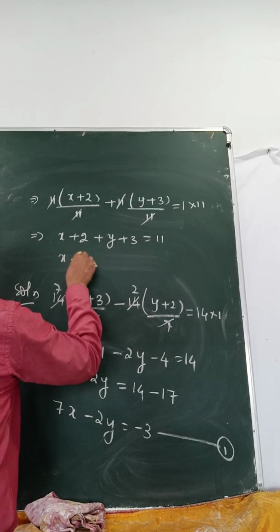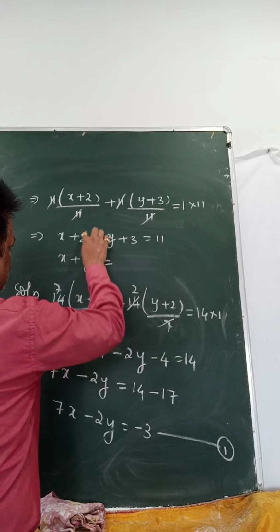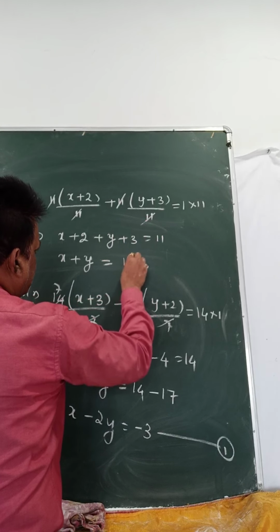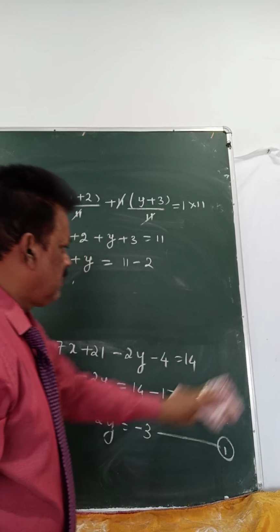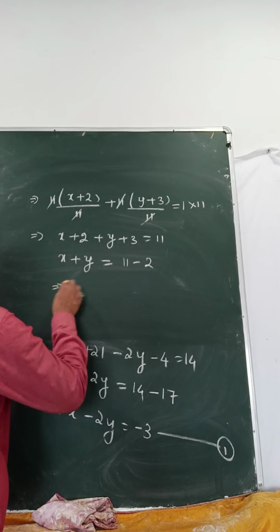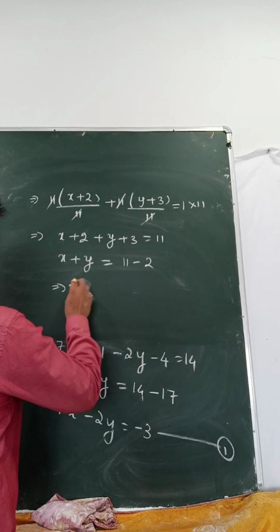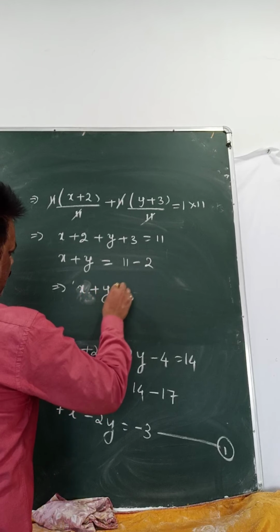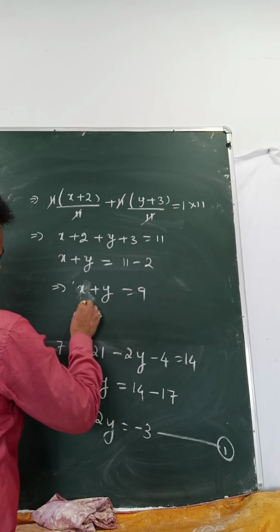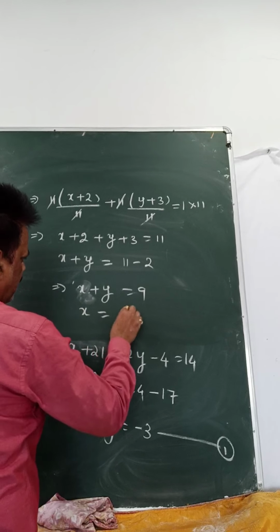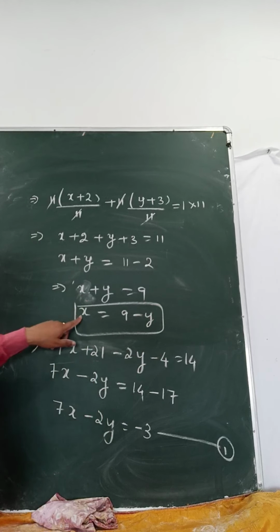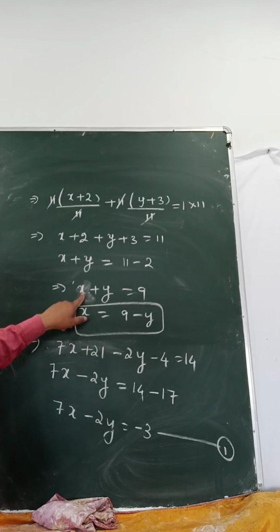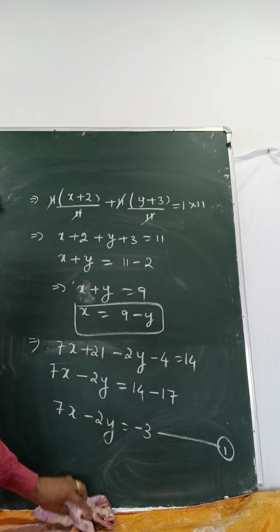So x plus y equals, 2 will go here, 11 minus 2. So x plus y equals 9, x equals 9 minus y.